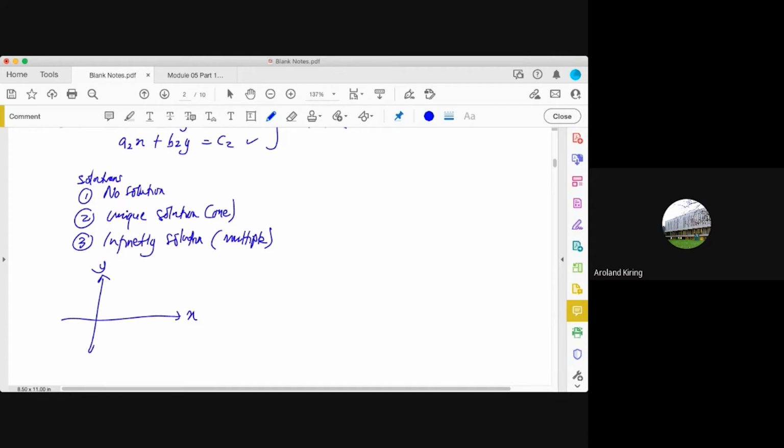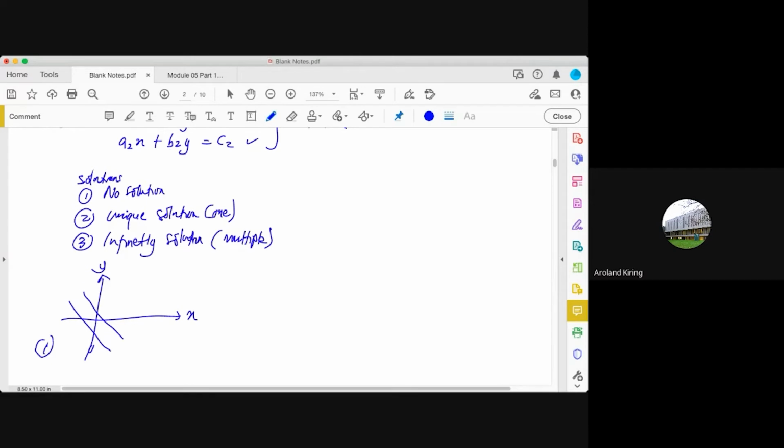You might have a first graph like that, and your second graph like this. No matter what value you put there, these two graphs won't intersect. So this graphical view tells you that there is no solution, because you cannot get these two graphs to intersect each other.